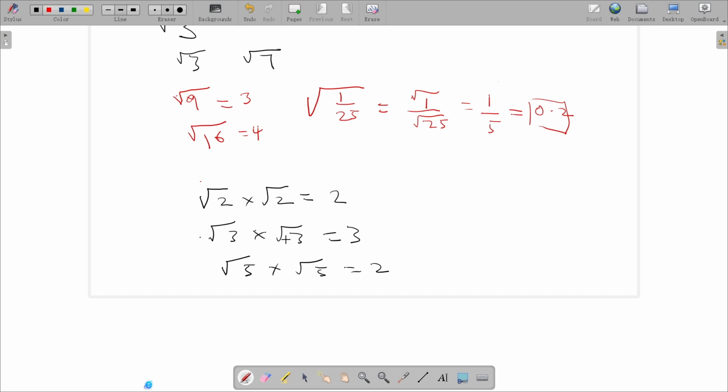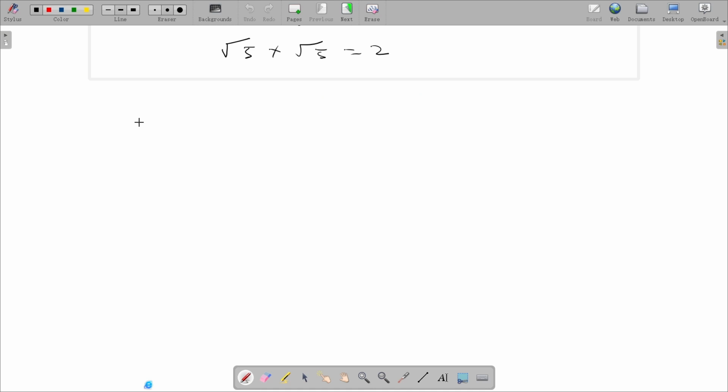You'll find out from these 3 examples that square root of 2 squared simply means that we have square root of 2 multiplied by square root of 2.